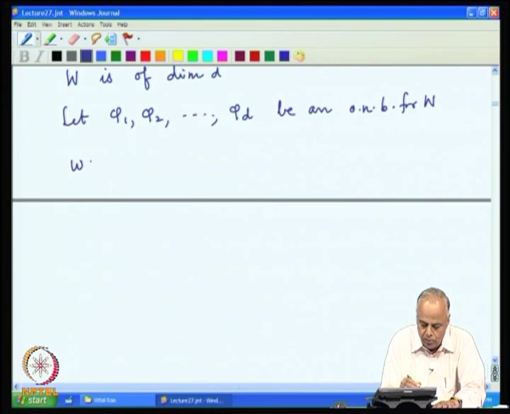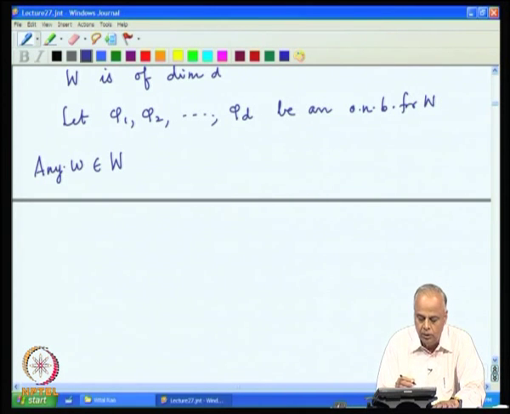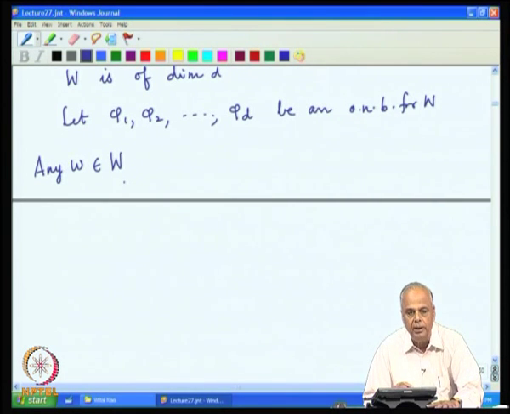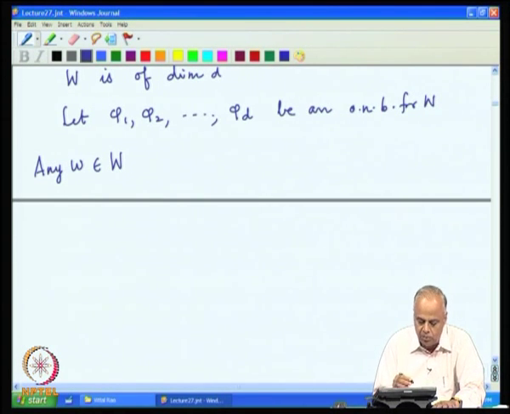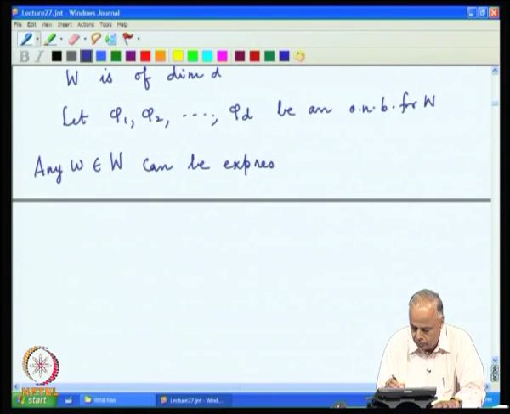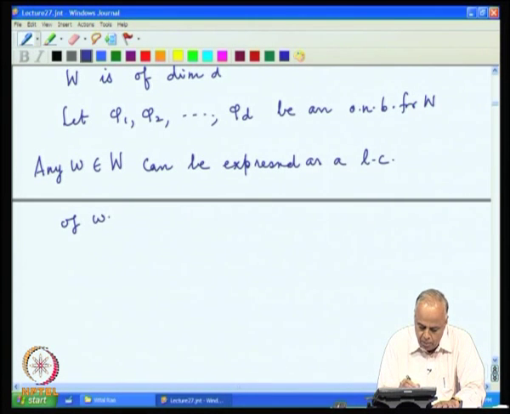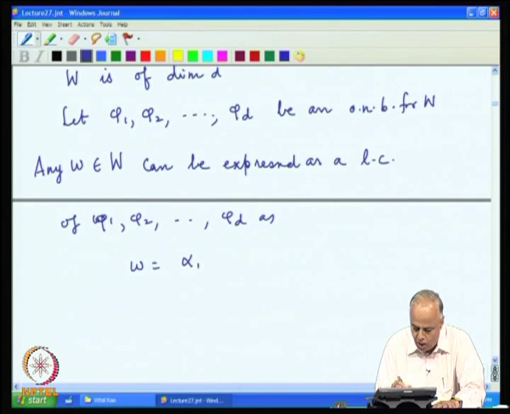Now, if we take any vector w in W, because phi 1, phi 2, ..., phi d is a basis for W, it can be expressed as a linear combination of phi 1, phi 2, ..., phi d as w equal to say alpha 1 phi 1 plus alpha 2 phi 2 plus ... plus alpha d phi d.